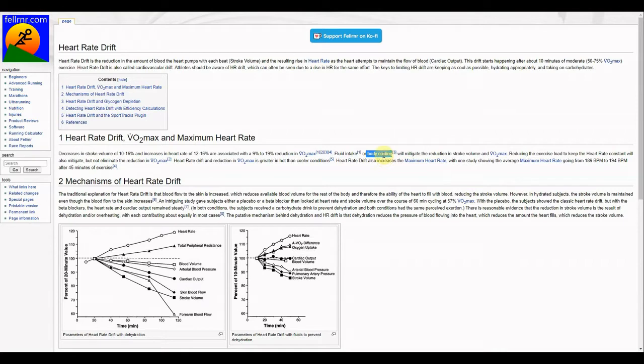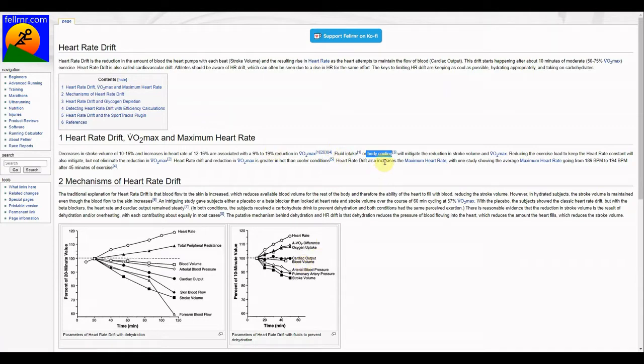Those two combined effects would reduce the volume of blood that is pumped per stroke, and because you still need to sustain the same pace, you need the same cardiac output, in other words the same amount of blood to be dispatched to your muscles per minute. So if there is less volume per stroke, then automatically that means the heart rate needs to increase, so that overall it's equivalent in terms of cardiac output.